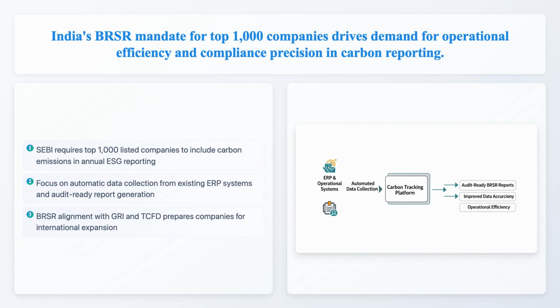This affects India's largest corporations across every major industry. Unlike the US focus on risk or the UAE's focus on vision, India's driver is operational efficiency and compliance precision. These companies need systems that can automatically collect emissions data from existing ERP and operational systems, generate audit-ready reports, and ensure accuracy for public disclosure.